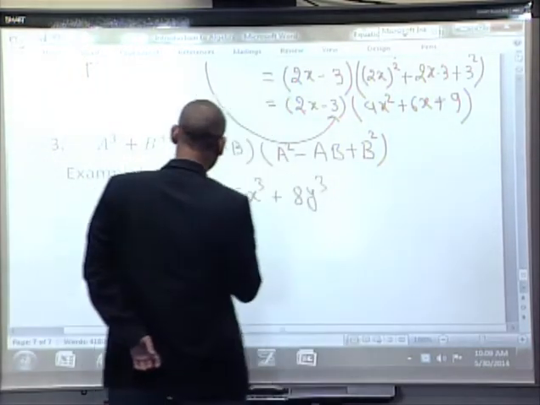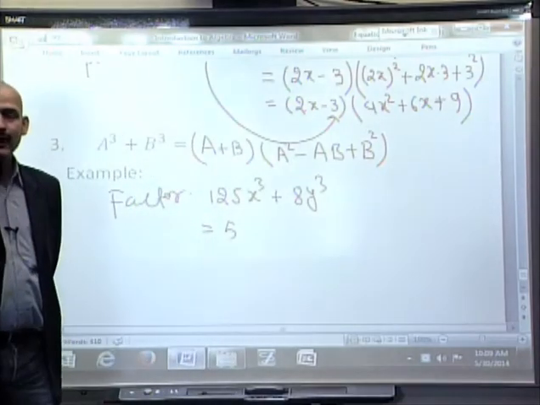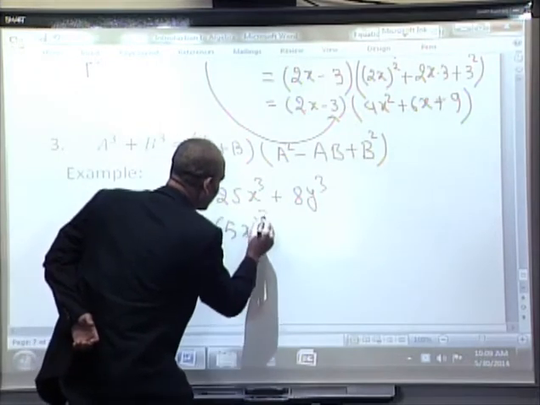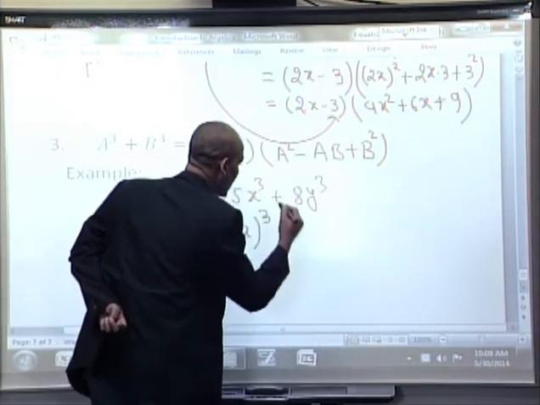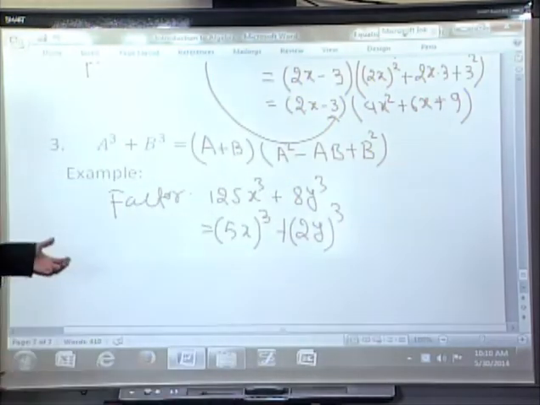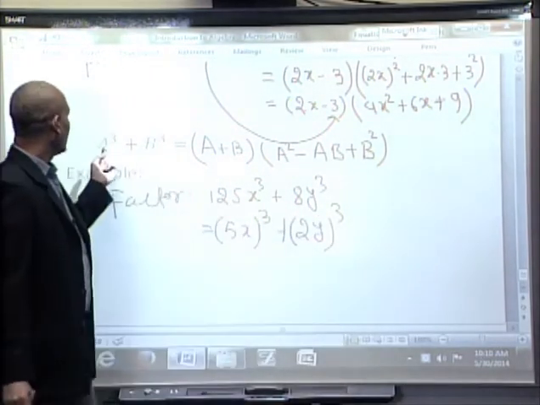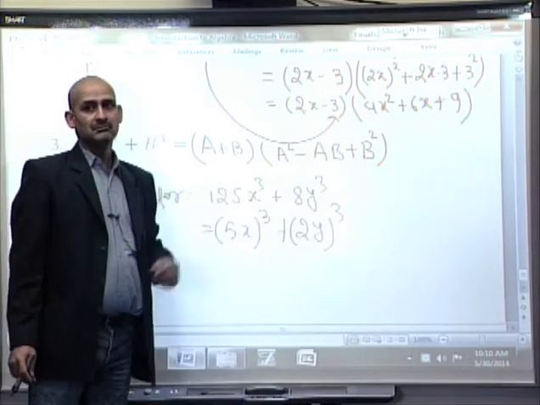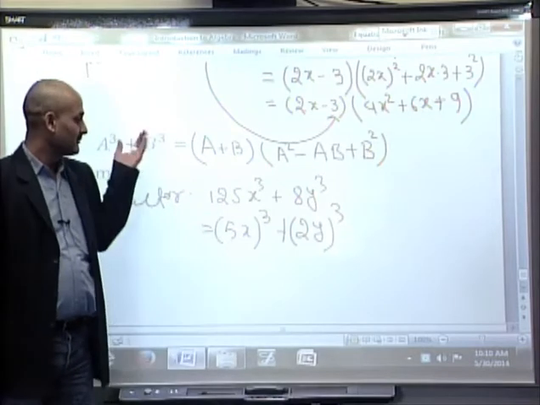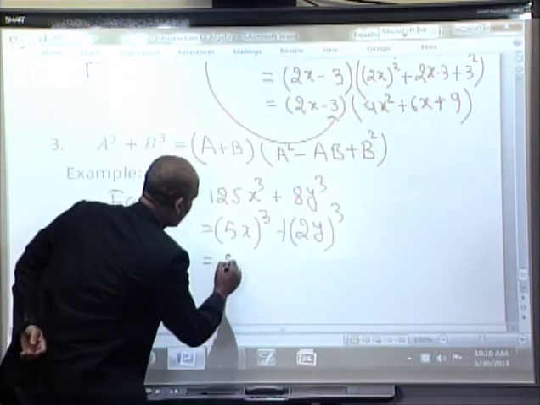Well, suddenly we realize that 125 is the cube of 5, 5 times 5 times 5 is 125, so this is 5x to the third, and 8 is 2 times 2 times 2, so this is 2y to the third. So it is a cube plus b cube exactly in this format. a is 5x, b is 2y. If I remember this formula, factoring this problem is a piece of cake. Just plug in a and b in the right place.